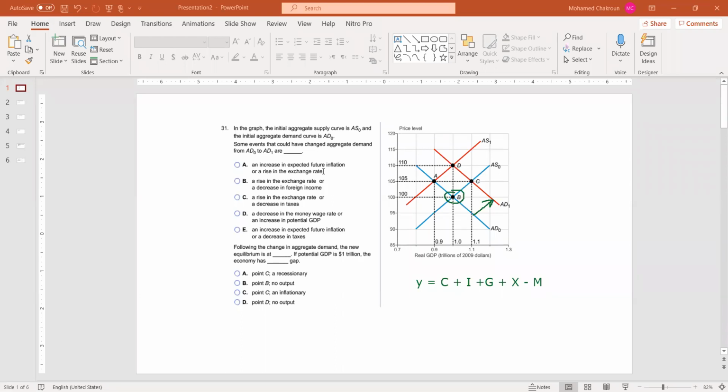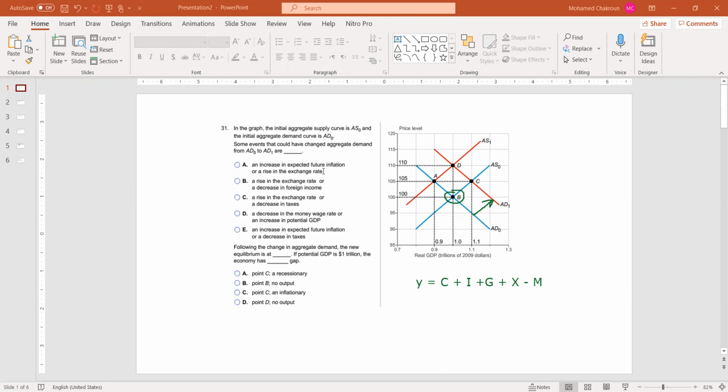Option D, a decrease in the money wage or an increase in potential GDP. So here, there is no relationship between money wage rate and aggregate demand. The money wage rate changes can only have consequences on aggregate supply, not on aggregate demand. Also for potential GDP. So option D is wrong.